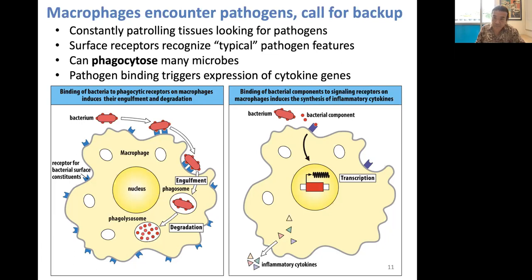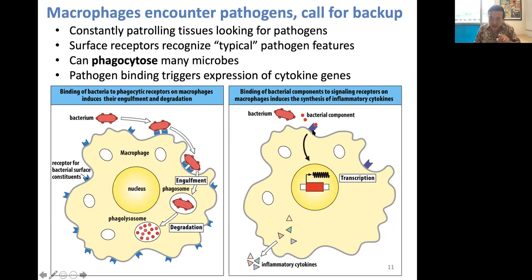Right. At the same time, I mentioned to you that part of our innate response might not necessarily be just focused on directly recognizing the pathogen, like you see on the left of the cartoon here. The macrophage also has other proteins on its surface, other receptors like this dark blue purple receptor that's different than the light blue one on the left.